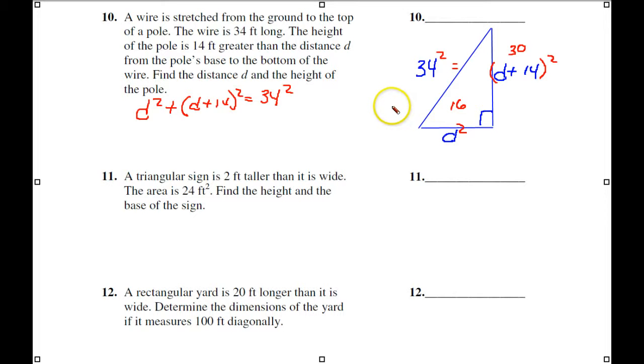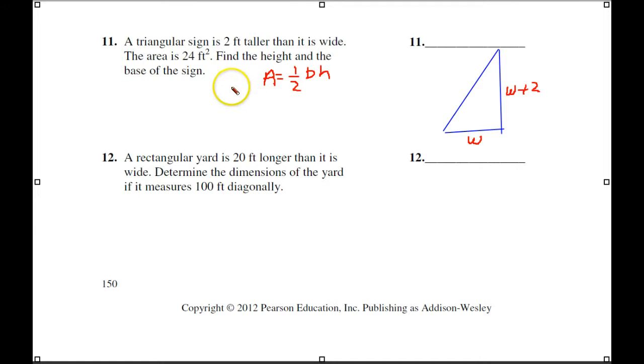All right, number 14 is similar, but let me set it up for you. To help with strategy for number 11, I made a triangle. That's the nature of the sign. And it is 2 feet taller than it is wide. So there's the width. And now the height is 2 feet taller than the width.